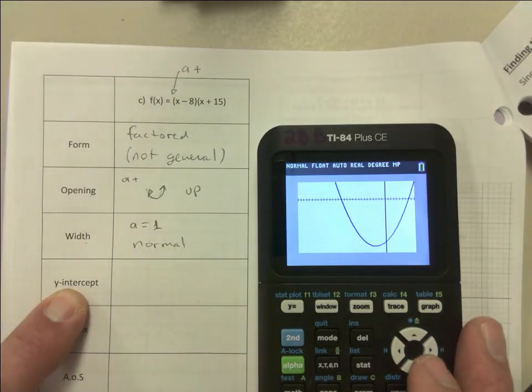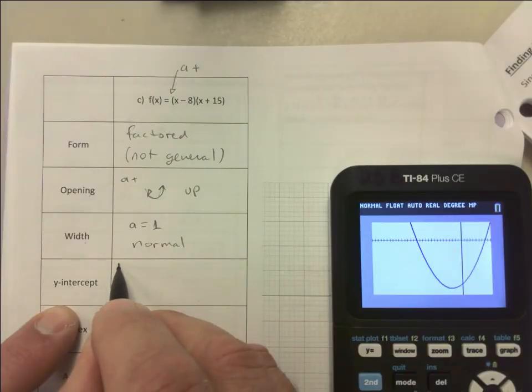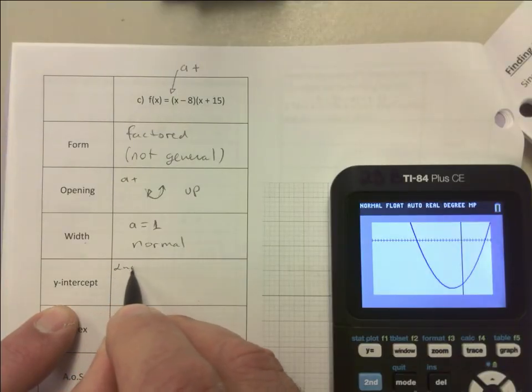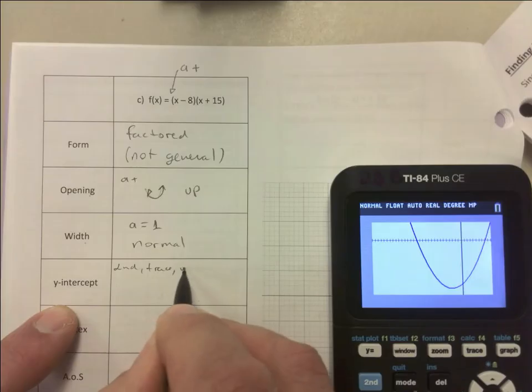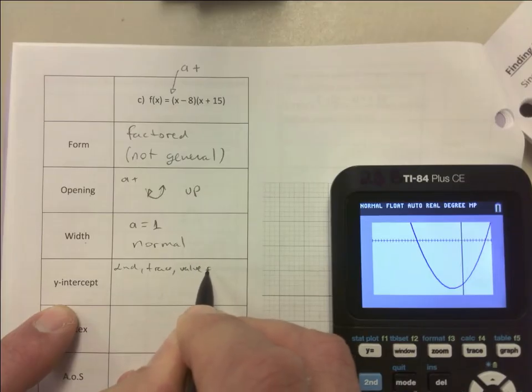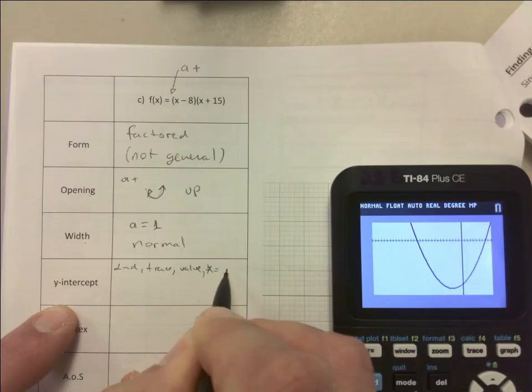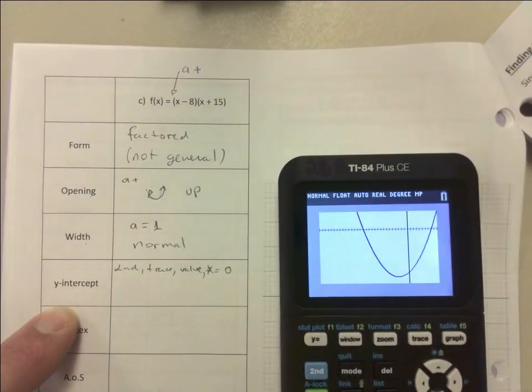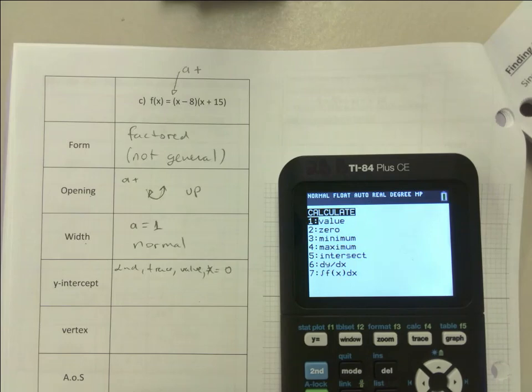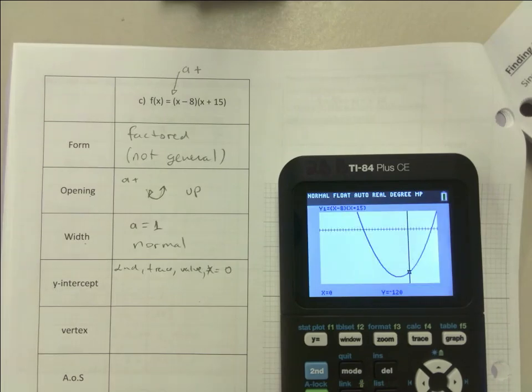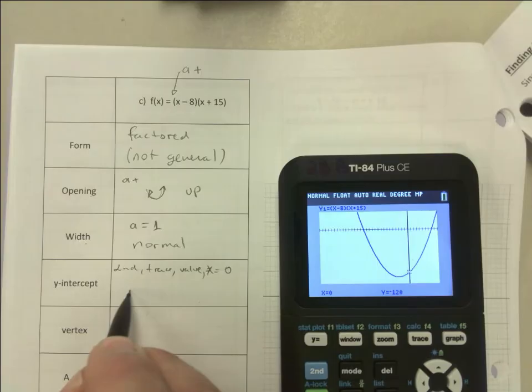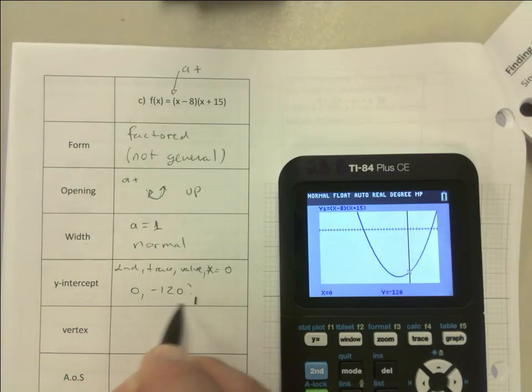For the y-intercept, I'm going to use second trace value, x is equal to 0. Hit enter. It's 0, negative 120. Don't forget your signs, okay?